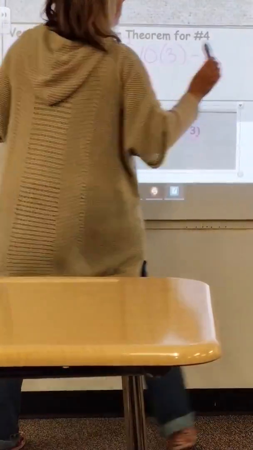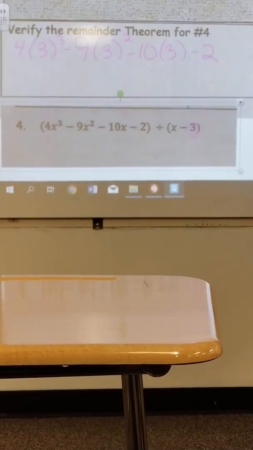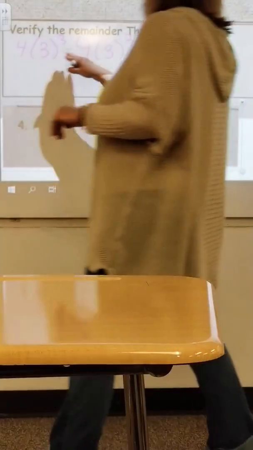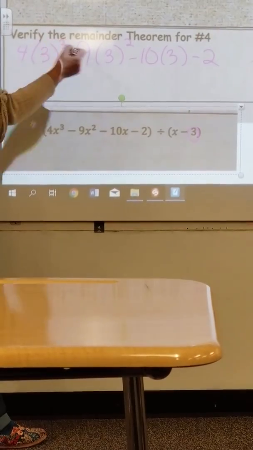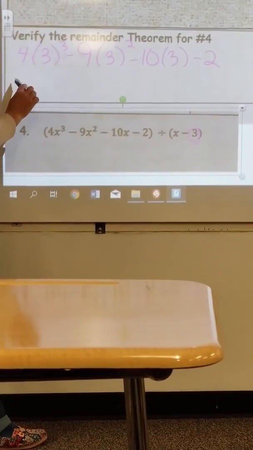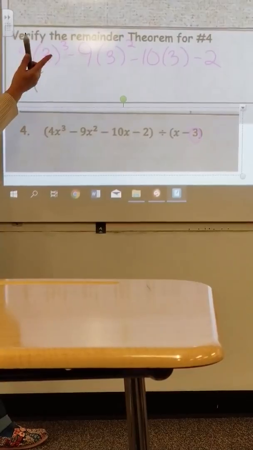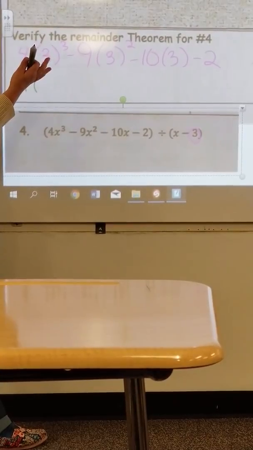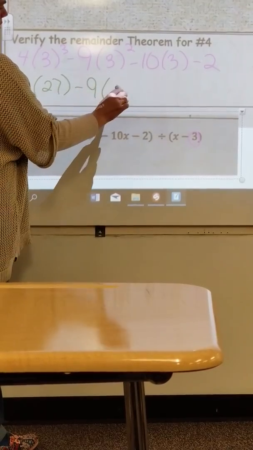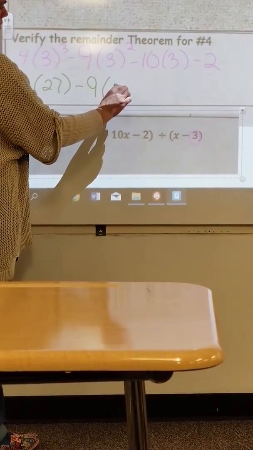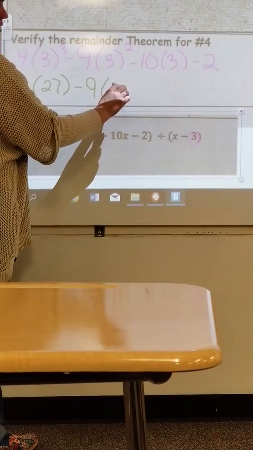So all I did was fill it in to my equation. So now you're going to simplify. Do all of your exponents first. What's 3 to the third? 3 times 3 times 3. 27. Minus 9 times 3 times 3. 3 times 3.